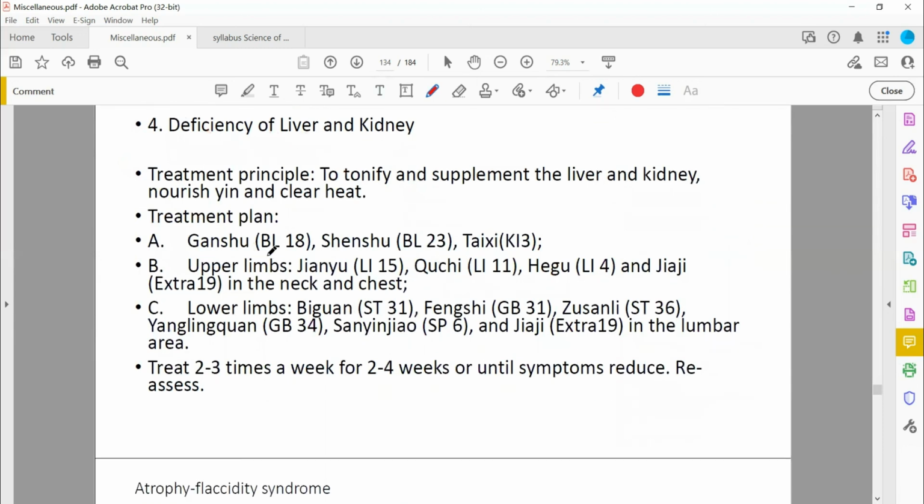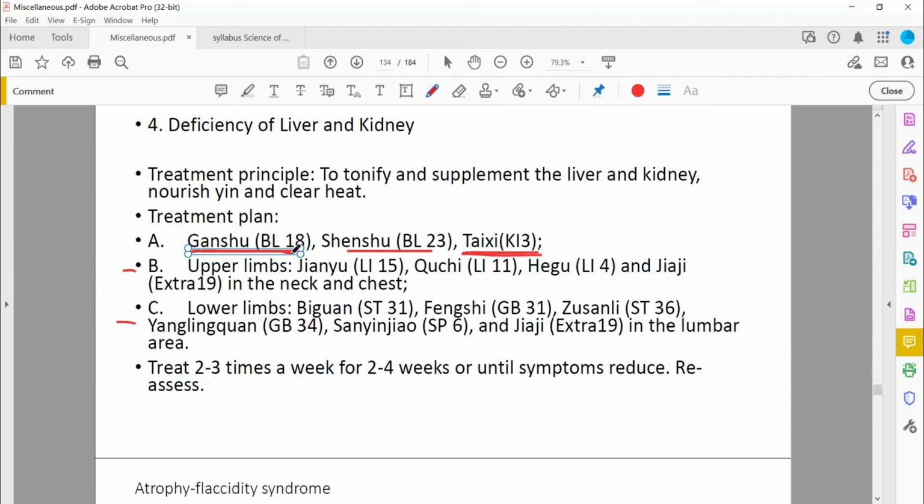Okay, so we tonify the liver and kidney, right? This one is still good for the kidney. Then same here, tonify the liver. Which point could you use to tonify the liver? For this one, they use the Ho-sea point and the Yuan source point.